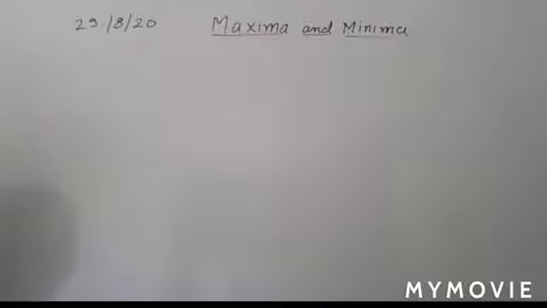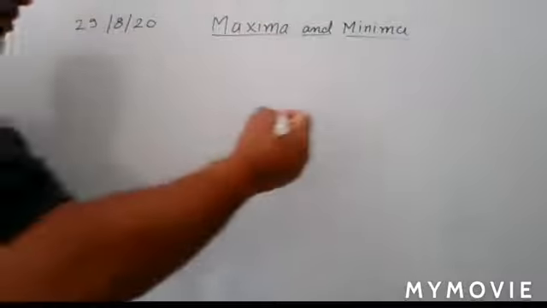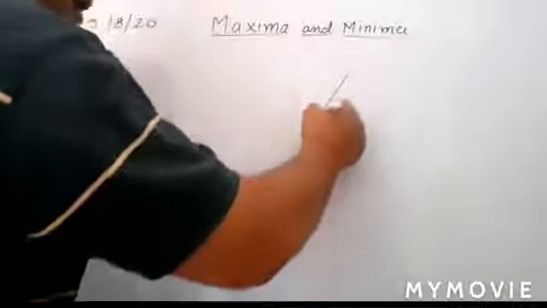Okay, so this is your question. Means a cylinder is inscribed in a given cone. Okay, and you have to show that its curved surface area is greatest when the radius of cylinder is equal to half the radius of the cone. Okay, so this is your question. So first you draw a figure. Suppose here you have a cone.